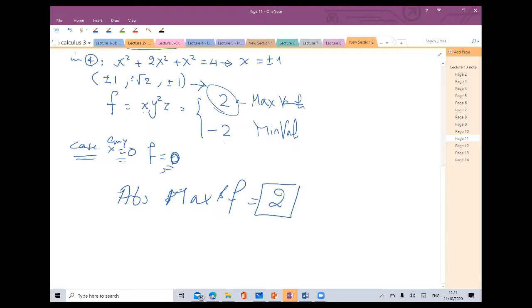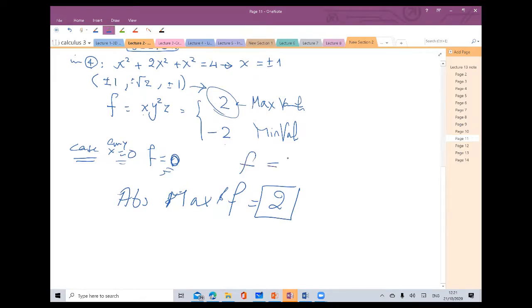It's certainly not, because this function consists of x, y squared and z, and it goes to infinity for x, y, z.